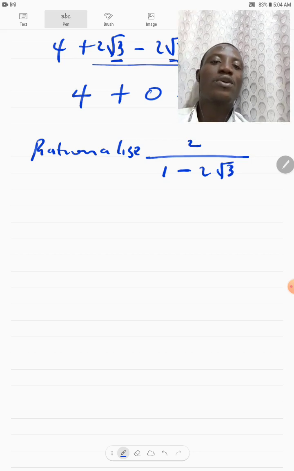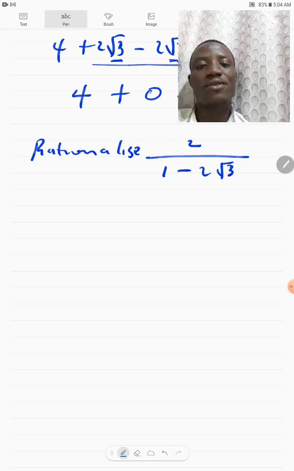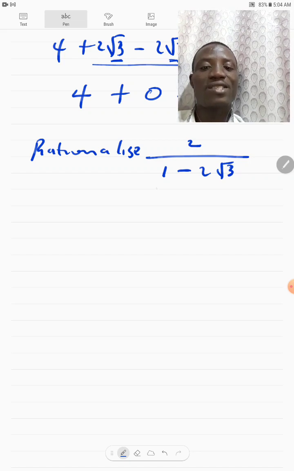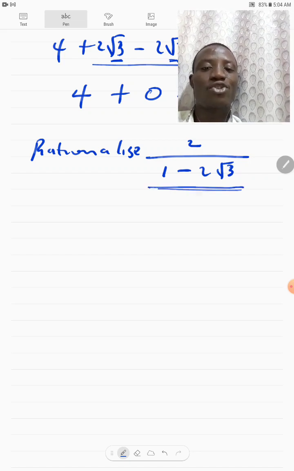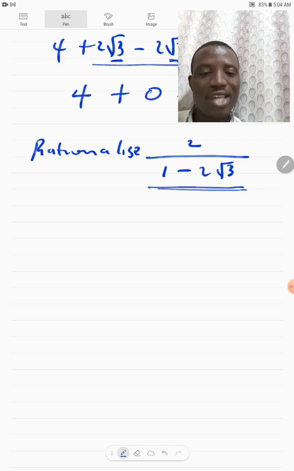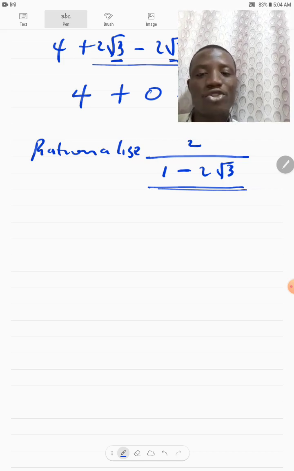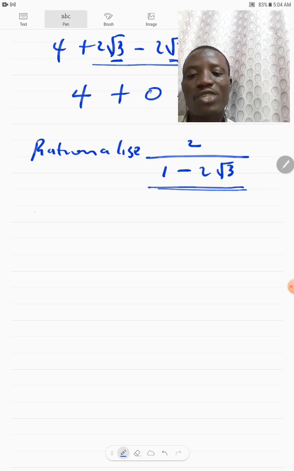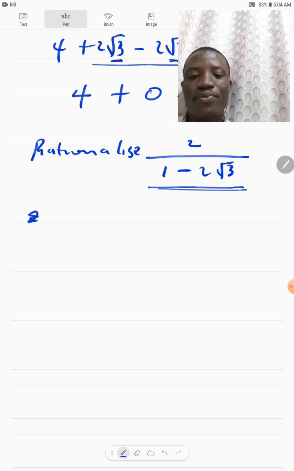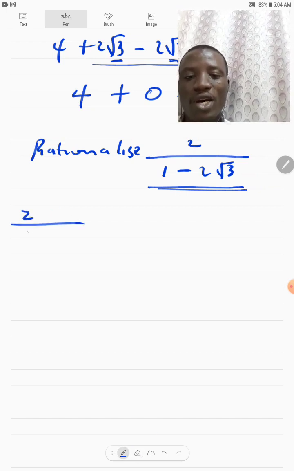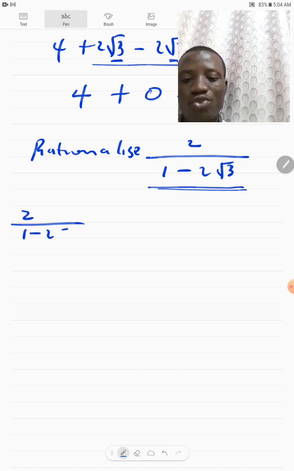Okay, so if we are to rationalize this, then we know that this is already a surdic expression, and we must rationalize using its conjugate. So what will be the conjugate? We say this will be 2 over 1 minus 2 root 3.